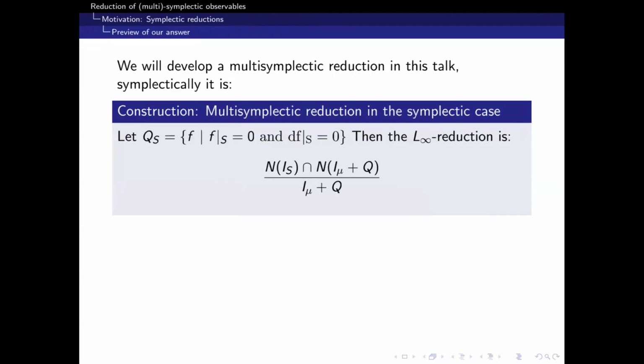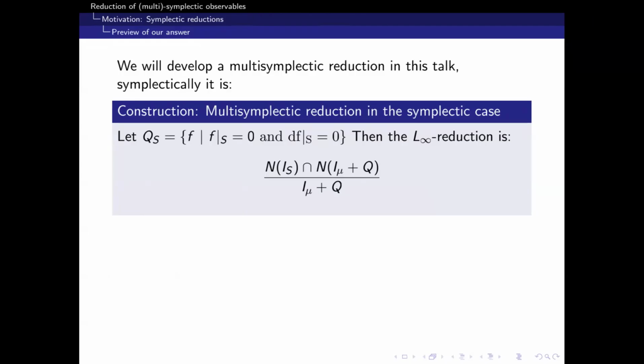Okay, so basically this is in some sense a teaser for the very end of the talk. When we develop the theory of multisymplectic reduction and then apply it to the symplectic case, we get this slightly more complicated space, which could be seen a little bit as a mix of the previous ones.